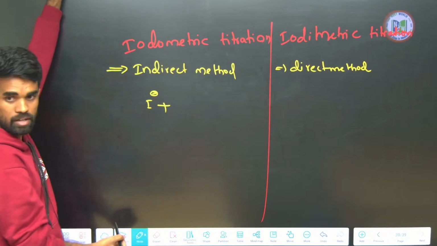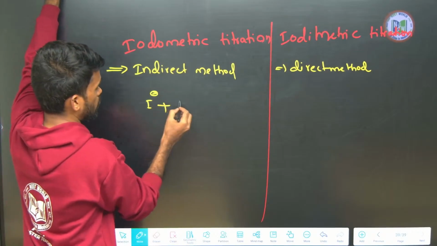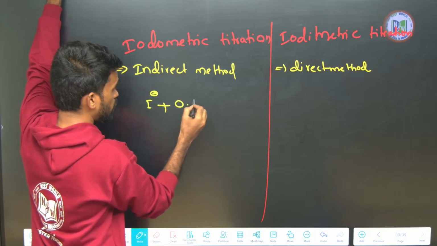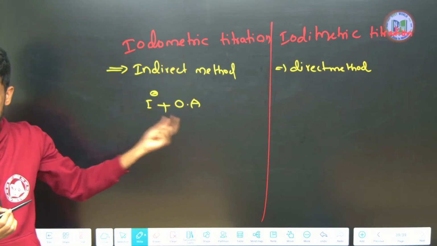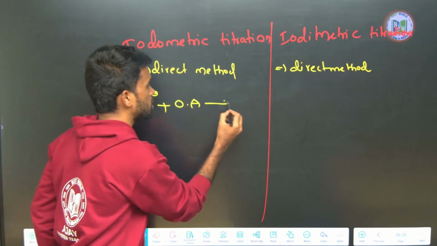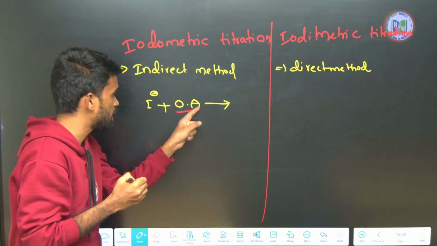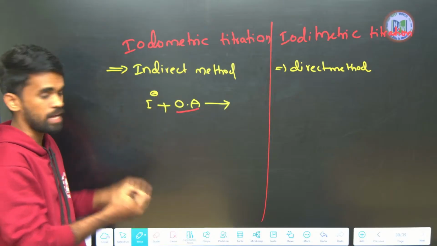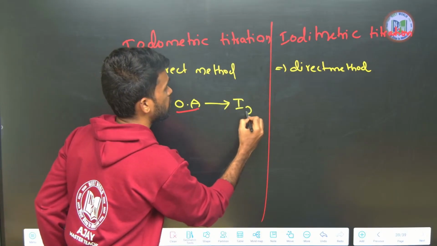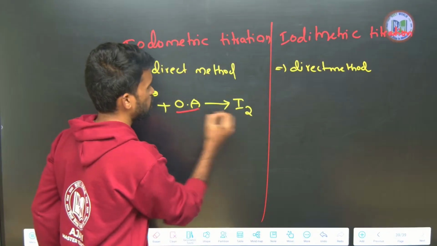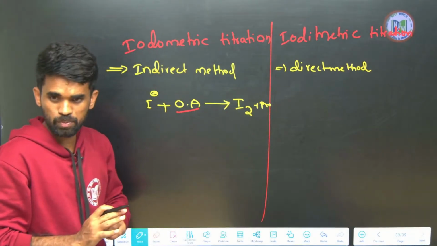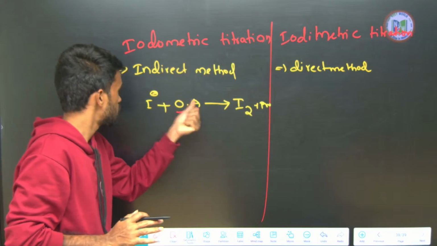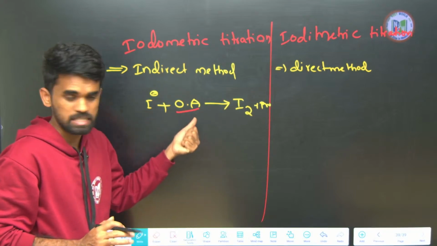Okay, iodide ion. Now this iodide ion is used for finding the strength or concentration of some oxidizing agent. So now what will this oxidizing agent do? This oxidizing agent will oxidize this iodide ion to iodine, and some products will be formed. There is nothing to discuss about the products.